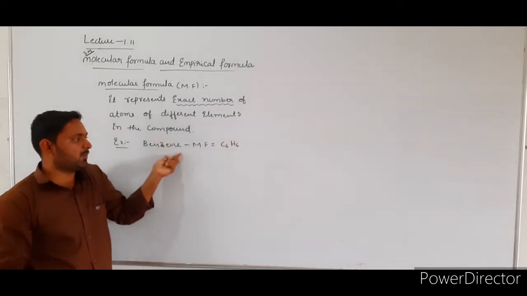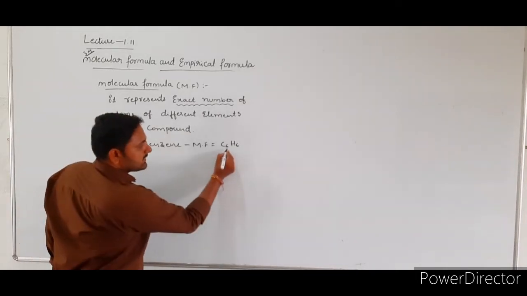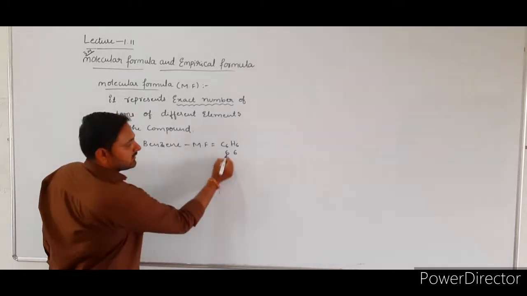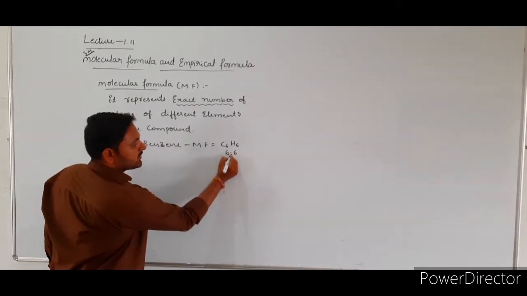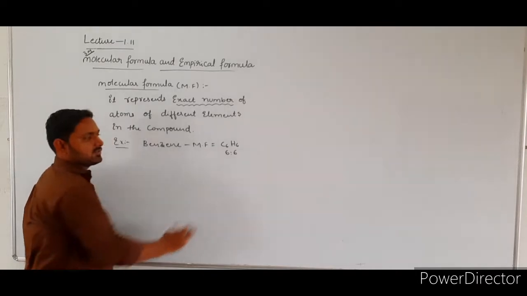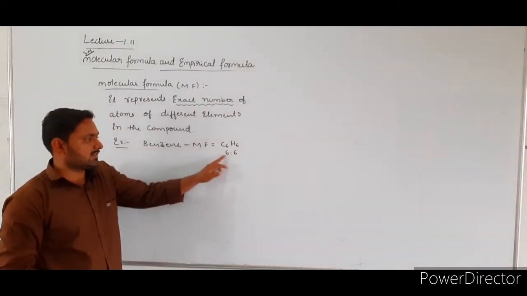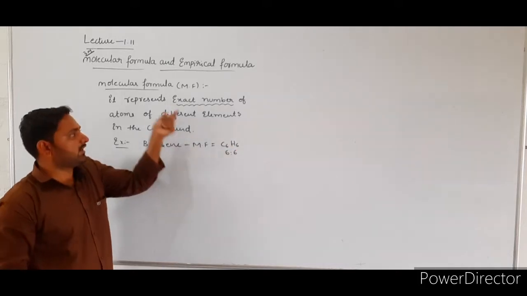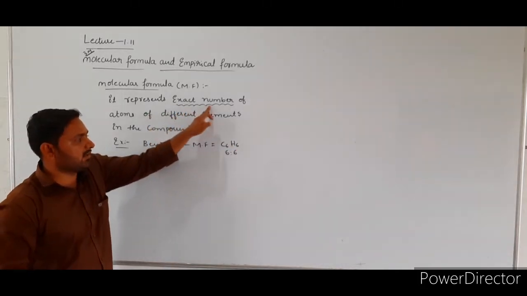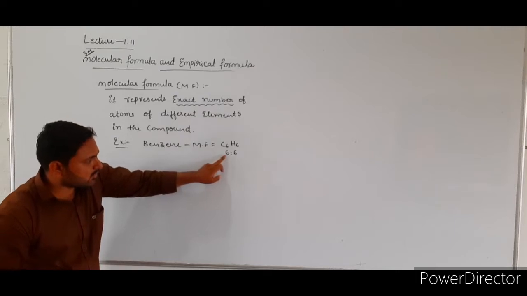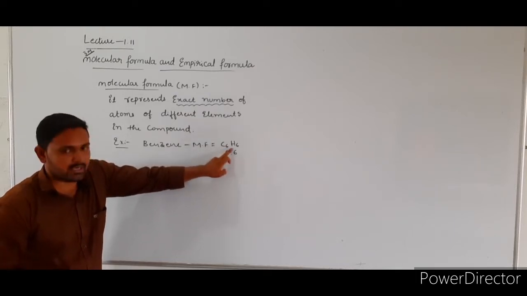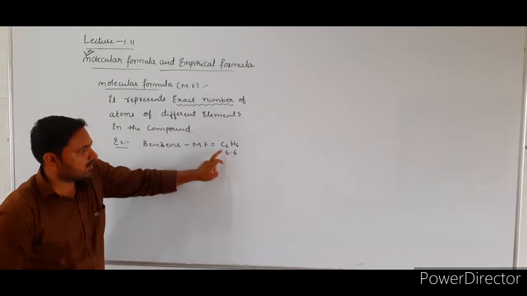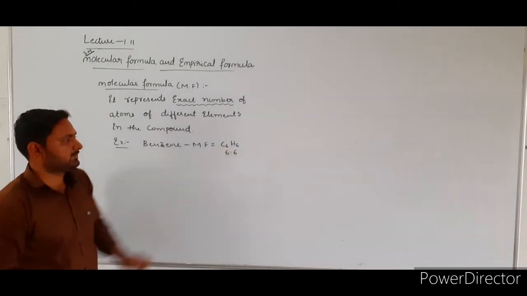In benzene, there are 6 carbon atoms and 6 hydrogen atoms. The ratio is 6:6. It represents the exact ratio of carbon and hydrogen in benzene.